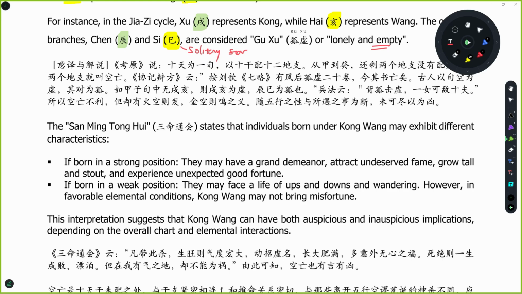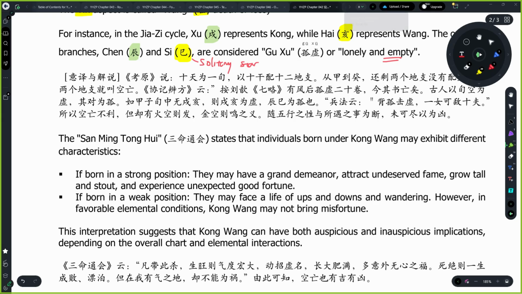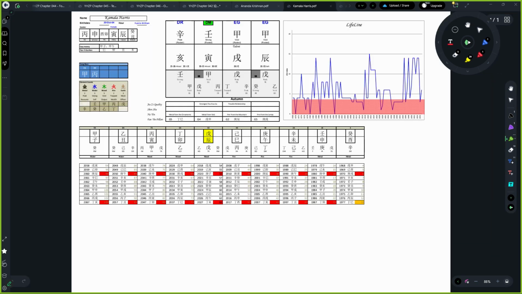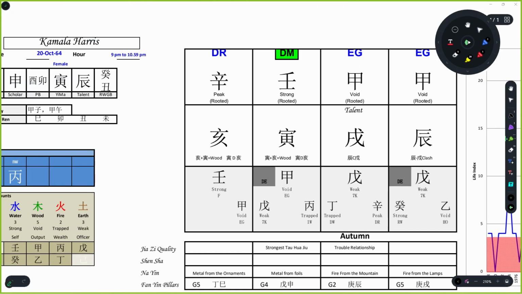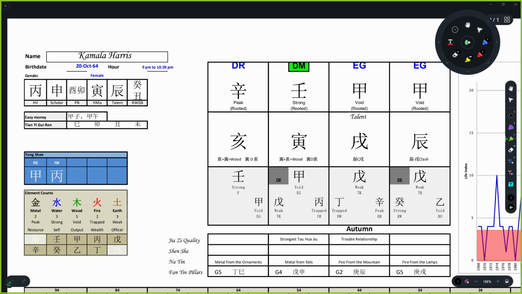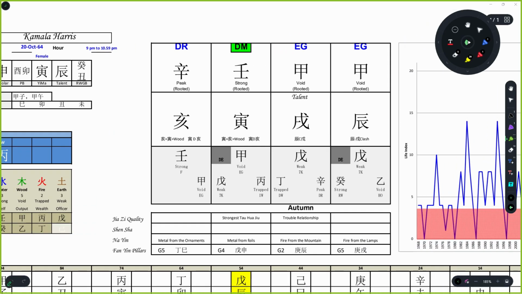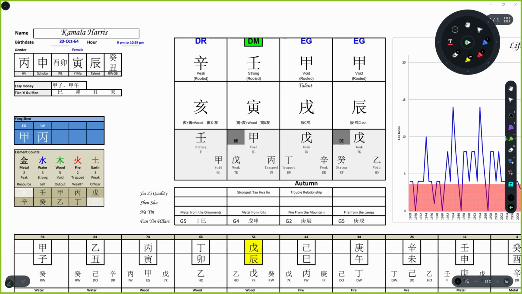Right, so let's take a look into identifying this with just a few of these charts. We have Kamala Harris's chart. So let's do a bit of an exercise. Kamala Harris's day master is Ren Yin, so therefore water tiger.